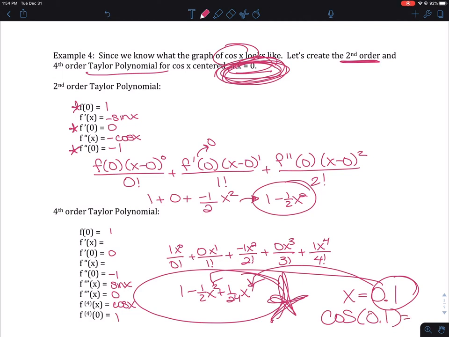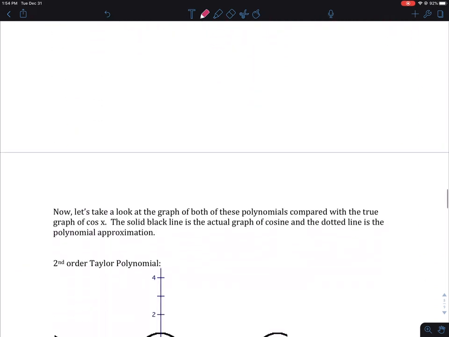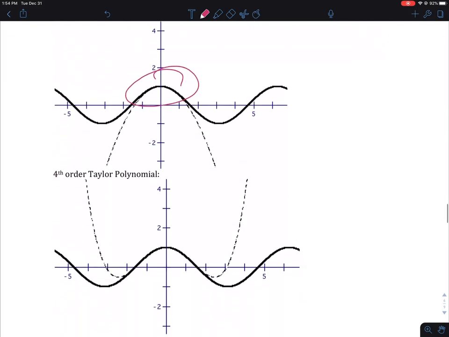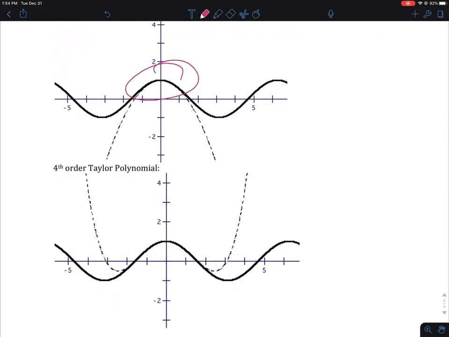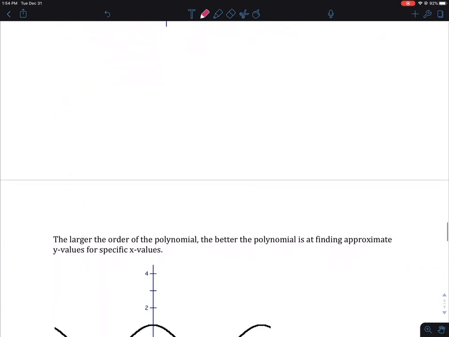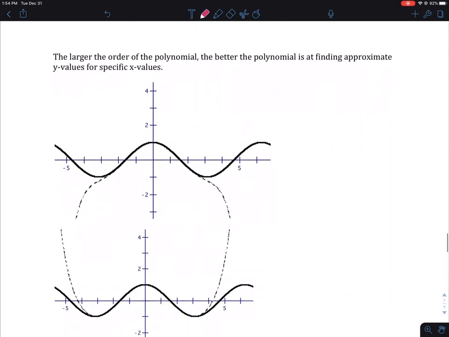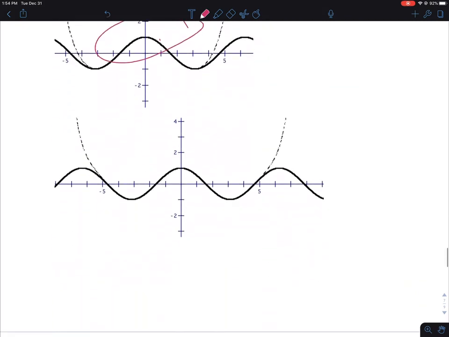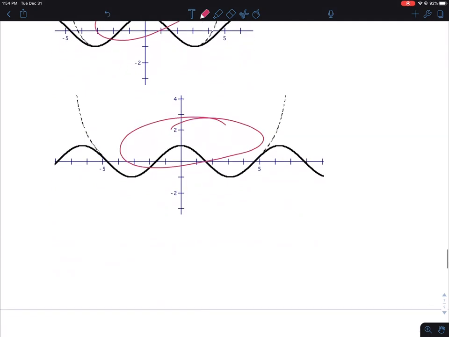So the idea is for approximations. Okay. And what you notice is that around 0, it's a very, very good approximation. Probably a little bit further out for a 4th order. Obviously, as I was talking about earlier, a 6th order, an 8th order, a 10th order. And I am using even numbers because all the odd ones give you 0. Okay?